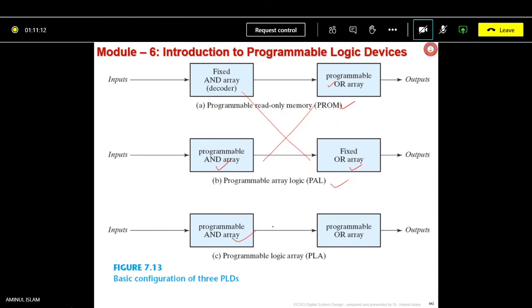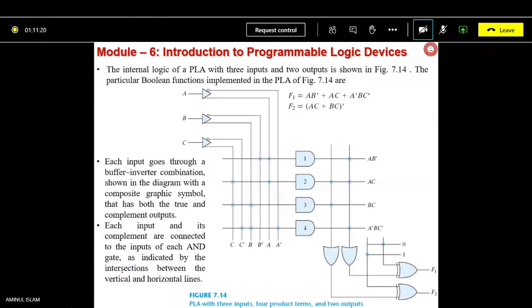So in the case of PLA, both the AND and OR planes are programmable. The internal structure is given here: a PLA with 3 inputs, 4 product terms, and 2 outputs.